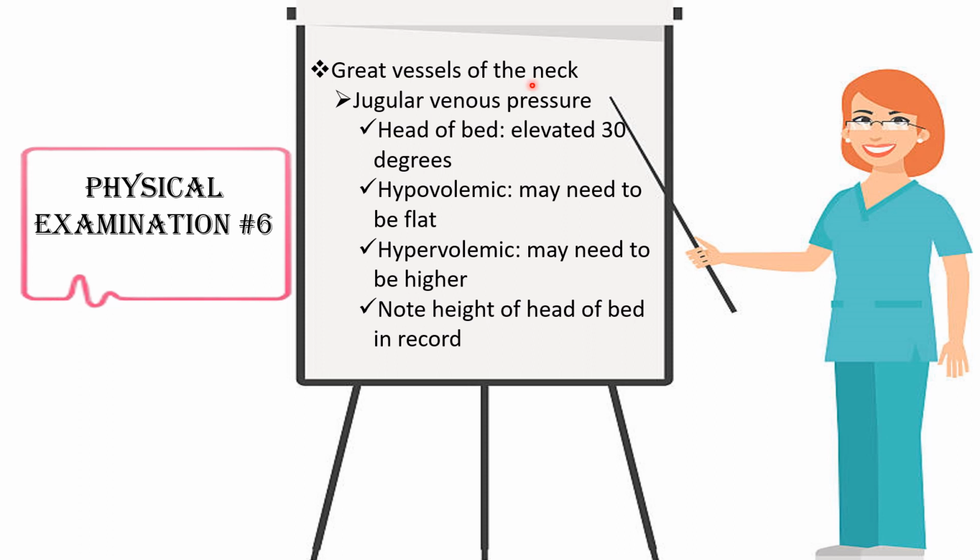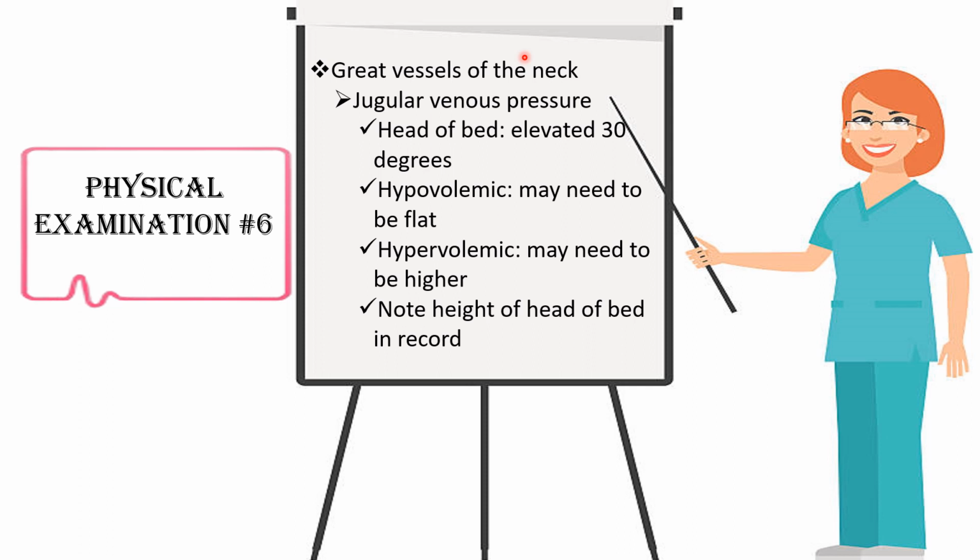If the patient is hypovolemic, the JVP may be low. So it's necessary to lower the head of the bed, sometimes even to 0 degrees, to see the point of undulation best.